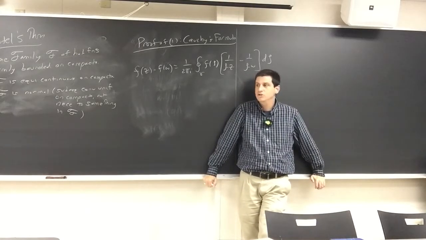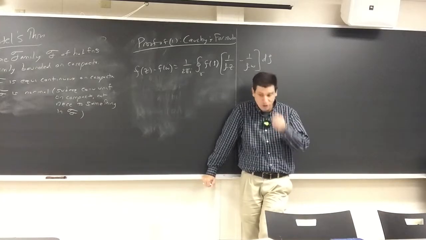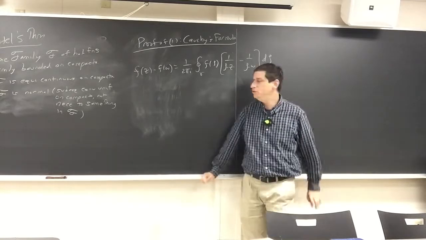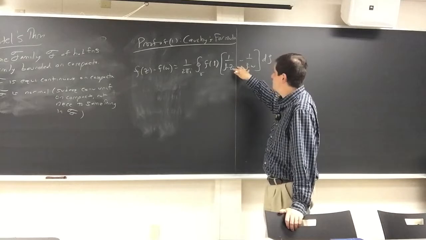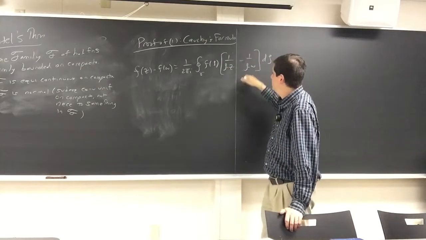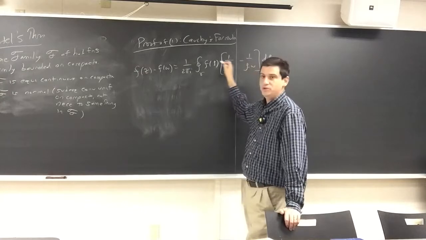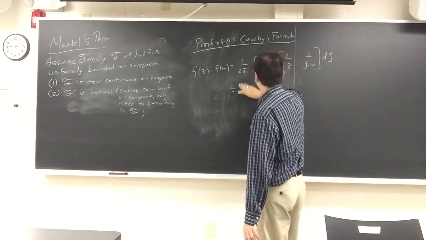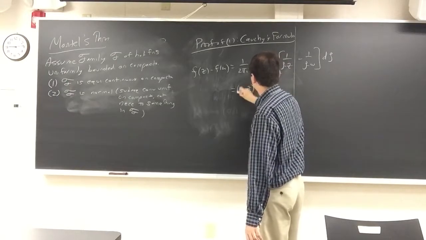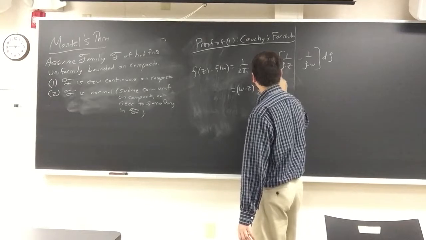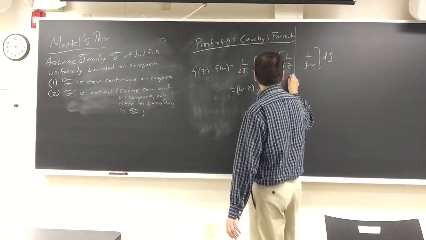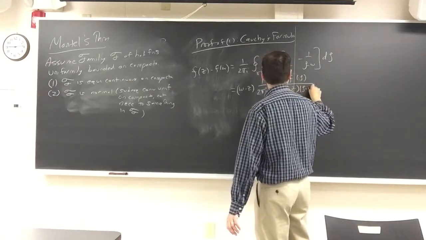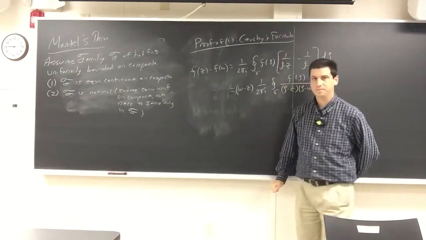And now the only challenge is to figure out exactly where we want to put things. Okay? So this is where the proof becomes a little notationally involved, but in terms of ideas, it's not that bad. If I just look at this difference, I get zeta minus w minus zeta minus z. That's going to look like a z minus w, which I can pull out. So this would be a w minus z, then 1 over 2 pi i integral over gamma f of zeta over zeta minus z times zeta minus w d zeta.